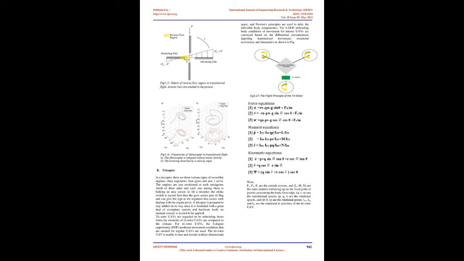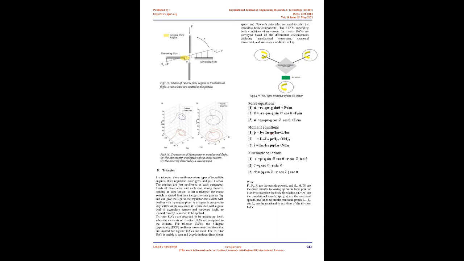The tri-rotor UAV is able to rotate and translate in 3-dimensional space, and Newton's laws are used to derive the rigid body equations. The 6-DOF rigid body equations of motion for tri-rotor UAVs are conveyed based on the differential equations depicting translational motion, rotational motion, and kinematics as shown in Fig.